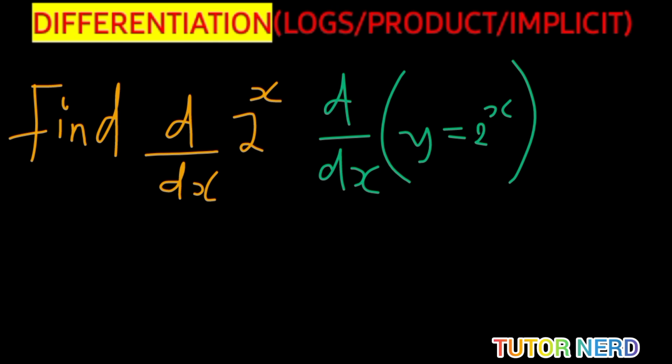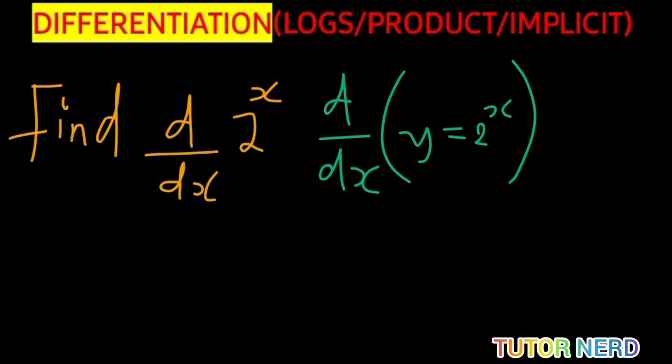Now all we want is to take that power, which is x, down. So what we can do is introduce logs, or ln. What we do to the left hand side, we also do to the right hand side.